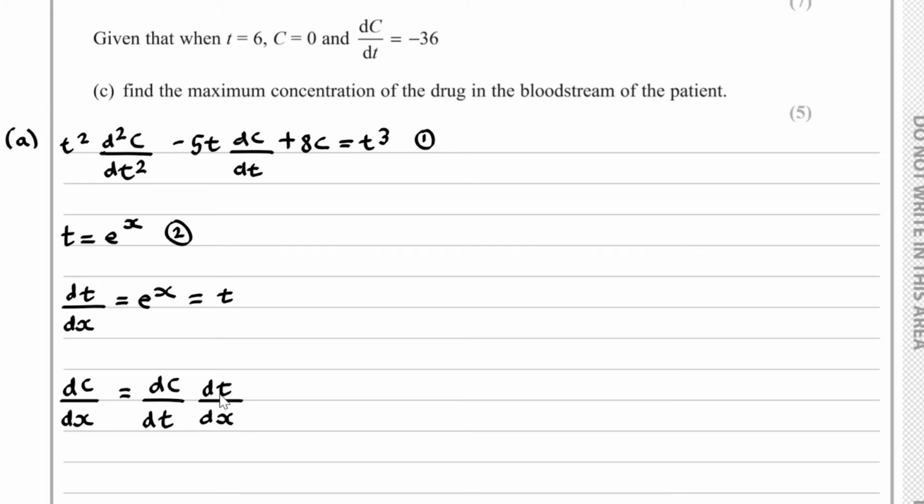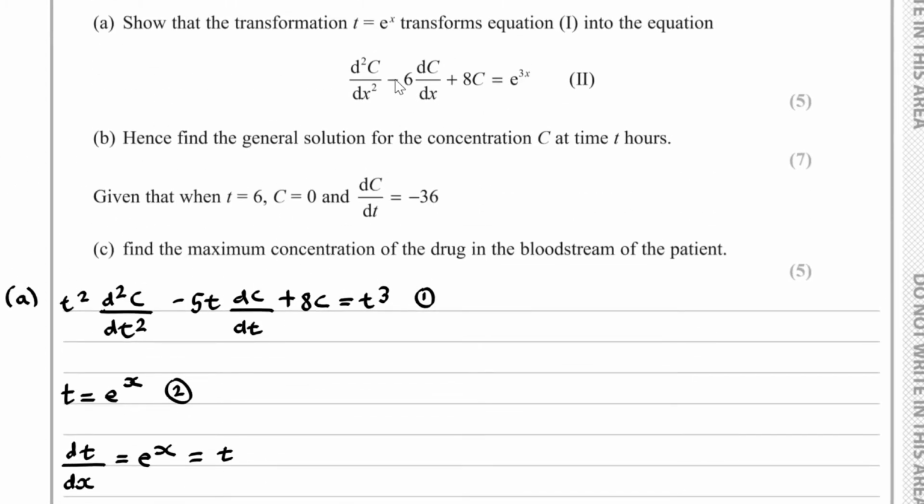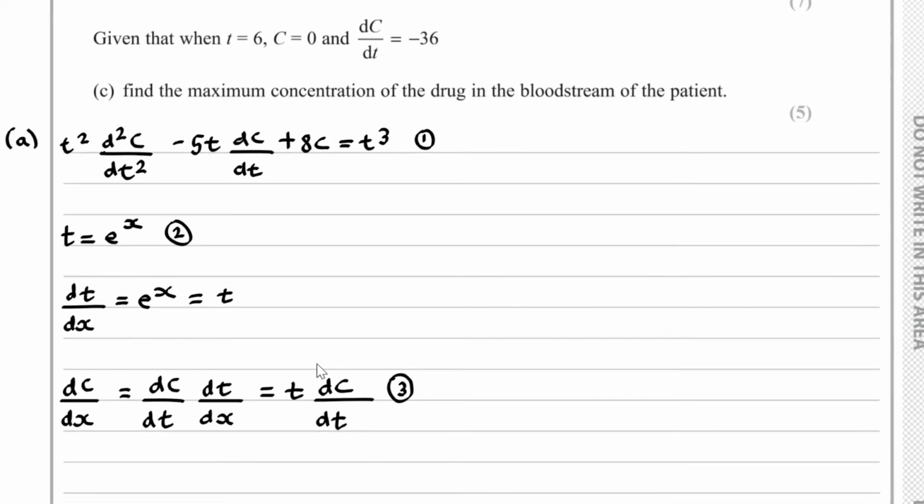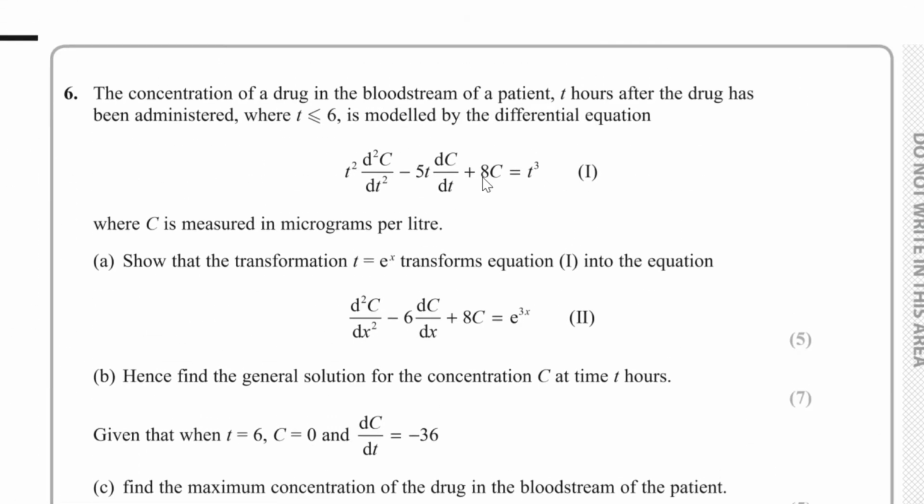It's as though these dt's cancel out, and dt over dx, we've just found to be t, so therefore dc over dx is equal to t dc over dt. If I call this equation 3, hopefully you can notice we have over here a t dc over dt, which eventually we can substitute back into this equation.